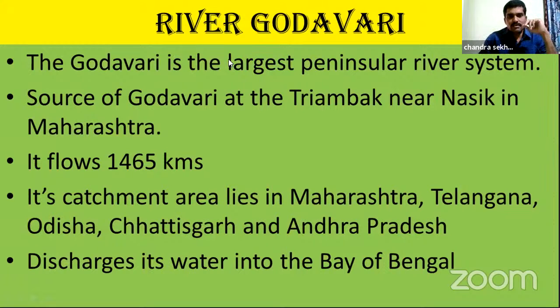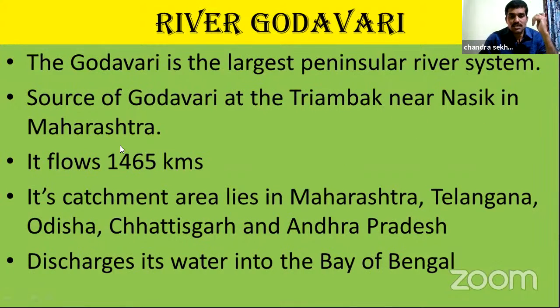So here the important peninsular river is the river Godavari, the largest river in the peninsular river system. The source of Godavari is at Trayambak near Nasik in Maharashtra, which is located in the Western Ghats.